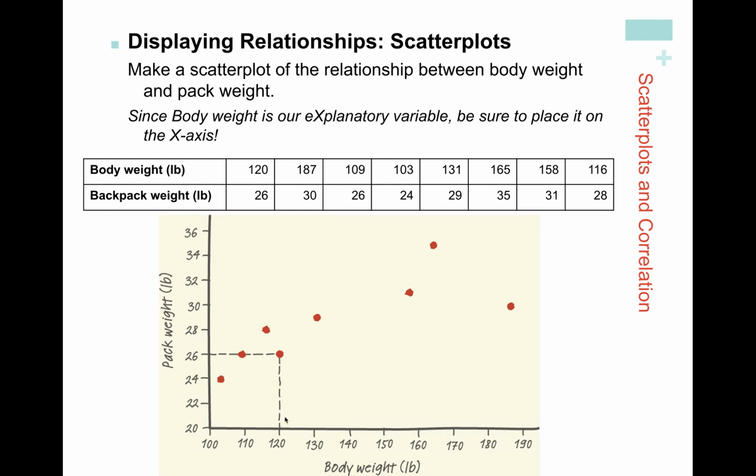That dot is right here, 120, 26. So each one of these red dots represents the paired data. For example, this dot over here is the student who weighs a little bit more than 155, and whose backpack weighs between 30 and 32 pounds. So maybe 158. Where is that on the table? Right here, 158, 31.